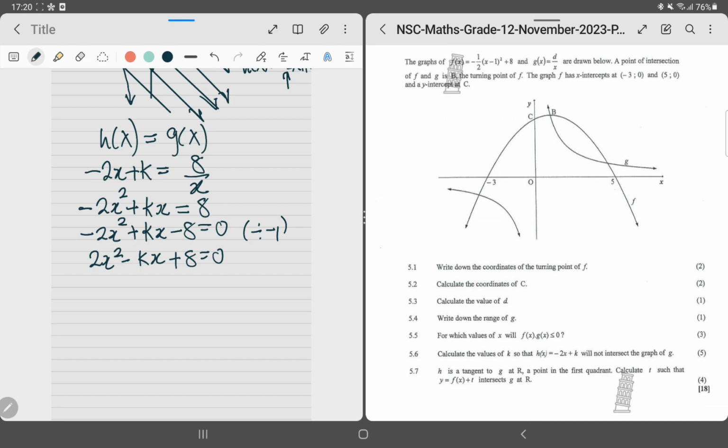Here we are going to go back to the basics of the nature of roots. Whenever we have something like this, we're going to use the discriminant. So the discriminant is equal to b squared minus 4ac, where b is minus k, a is 2, and c is 8.